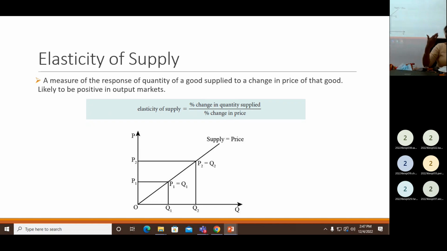It's similar to elasticity of demand. Supply comes from the supplier's point of view. I'm not sure whether supply was covered before in the first session. The supply curve is the upward sloping curve.